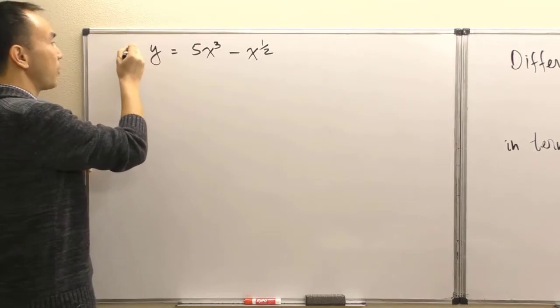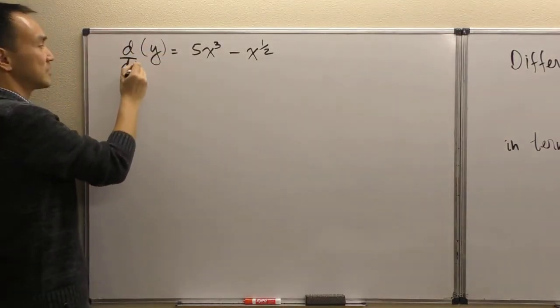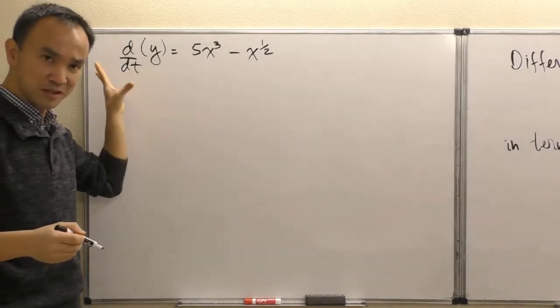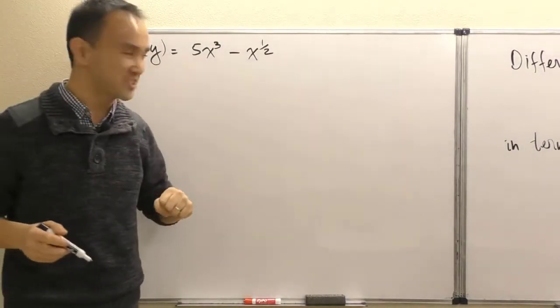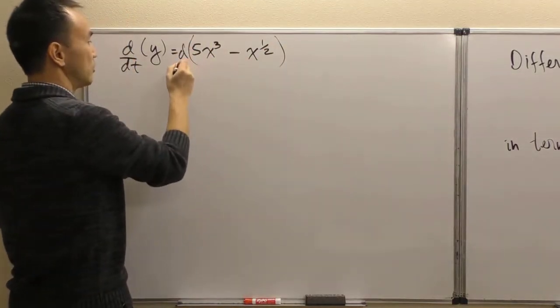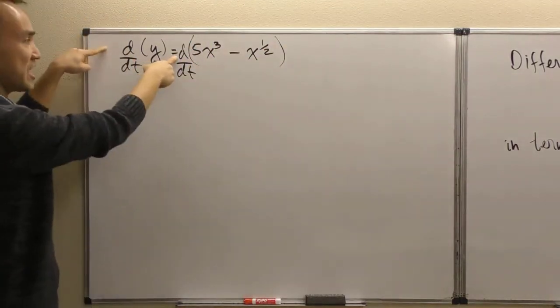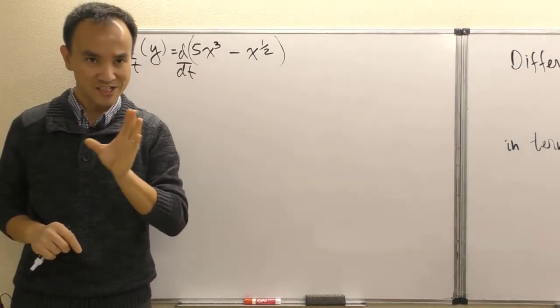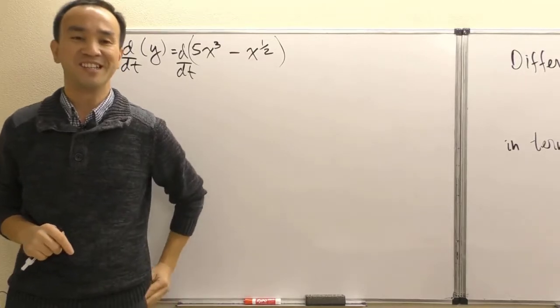I'm still going to apply the symbol you have learned formally from my lessons where I talked about implicit differentiation and related rates. We're going to apply our notation indicating we differentiate both sides in terms of t, where t is a variable that's not currently present in the equation.